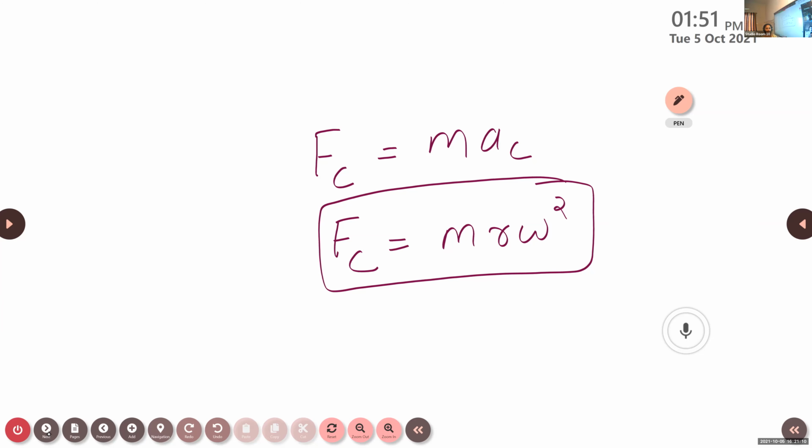After that, we are deriving the relation between angular velocity and linear velocity. Then we are discussing the centripetal acceleration, expression for centripetal acceleration, then centripetal force and the mathematical expression for the centripetal force. Actually, it's a very small topic, but there are a lot of subtopics that come under this topic, uniform circular motion.